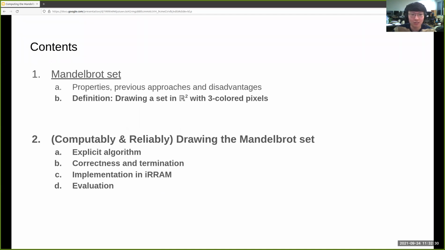First, I will talk about the theoretical backgrounds about the Mandelbrot set, to talk later about how to draw the Mandelbrot set. In other words, I will explain the algorithm of how to draw the Mandelbrot set reliably.